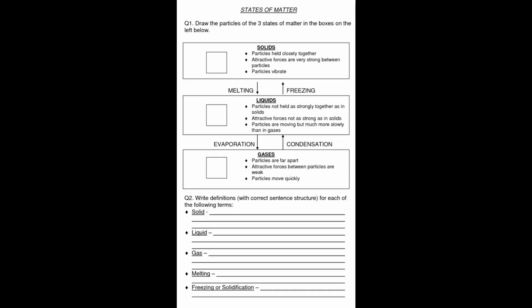Use your own words to explain what the meaning is. So again, write the definitions with correct sentence structure for each of the following terms: solids, gas, melting, freezing, or solidification.